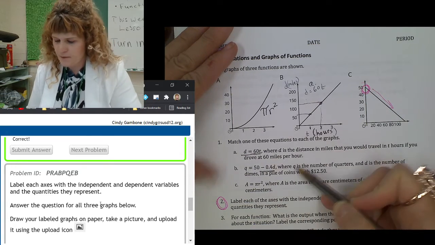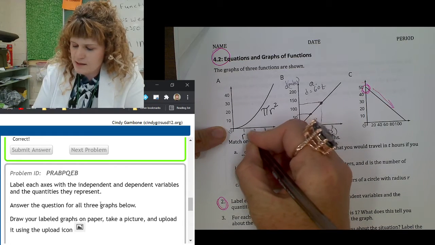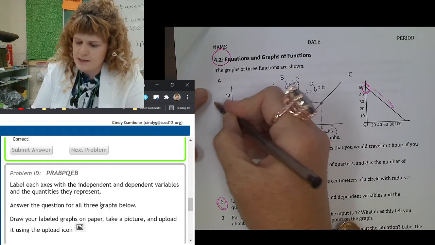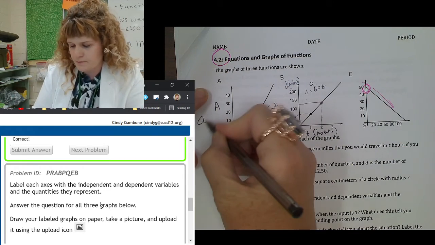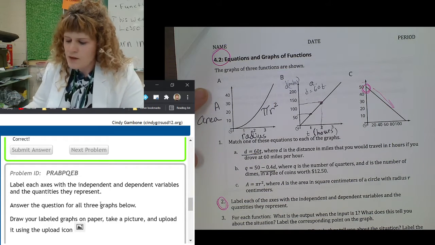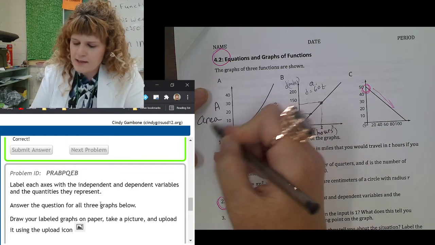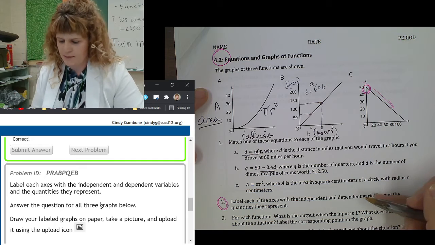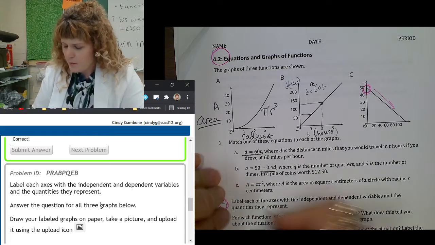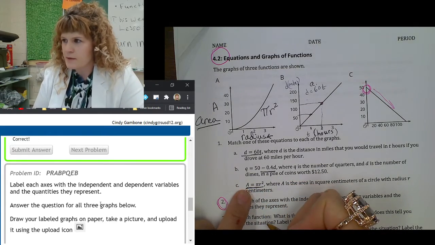For graph A, the x-axis is the radius of the circle, and the y-axis is the area of a circle. So the radius is the independent variable, and the area is the dependent variable. And I know that because when I look at this equation, the dependent variable comes first.